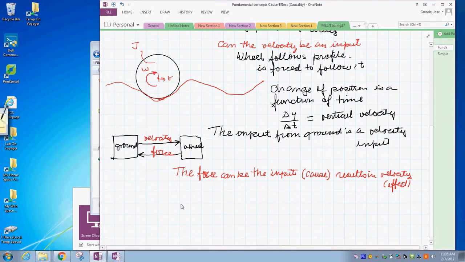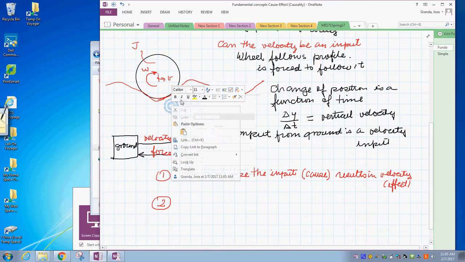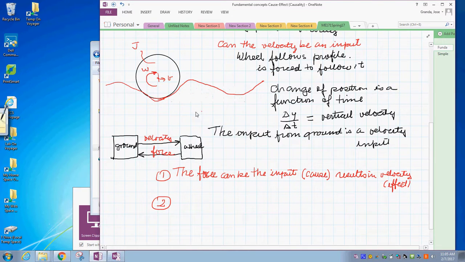But also you could say conclusion 1. But conclusion 2, as we have seen here on this example, on this suspension example, you have a situation where the velocity can be the input.